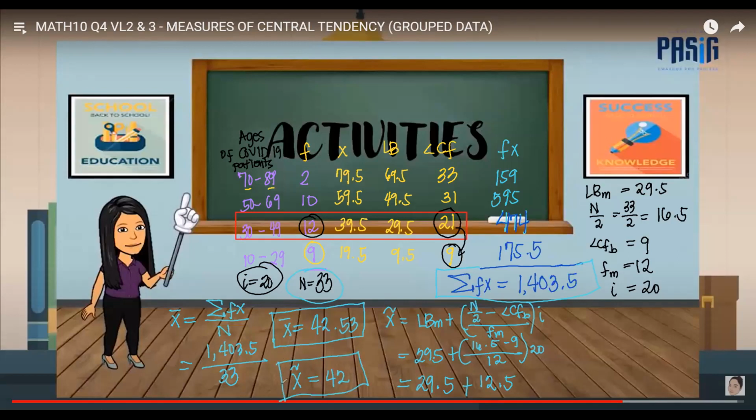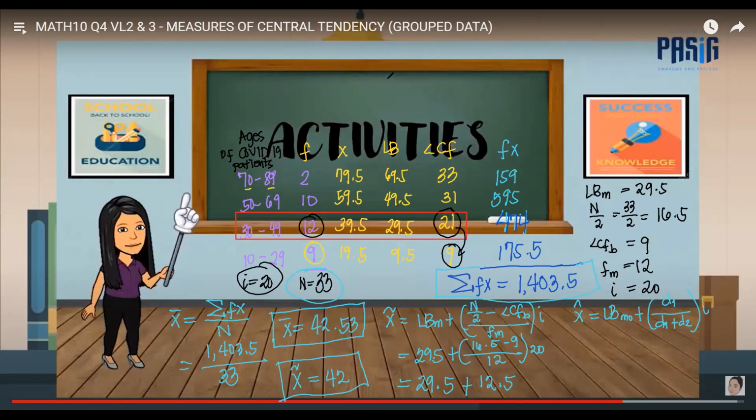Okay, so that is our median. Now, how about for the mode? So yung formula natin, lower boundary of the modal class plus d sub 1 divided by d sub 1 plus d sub 2 times I. So, kailangan natin dyan malaman yung modal class.